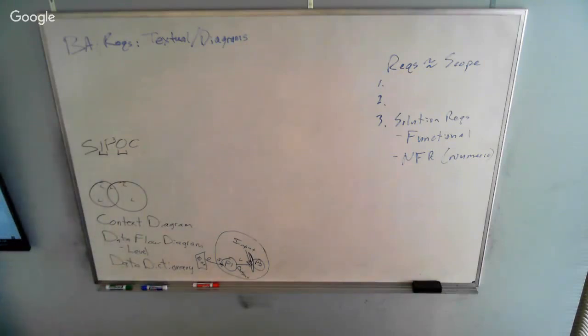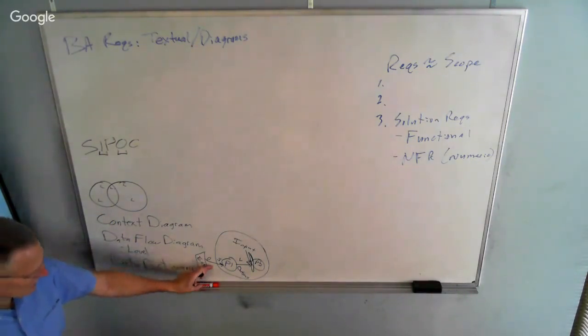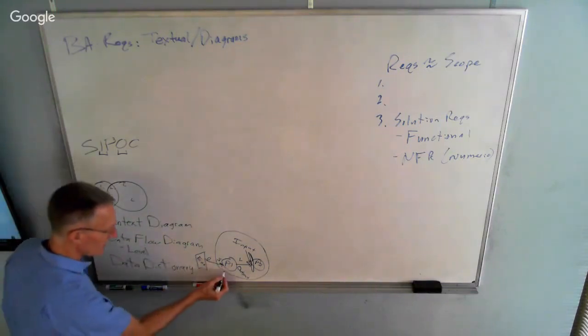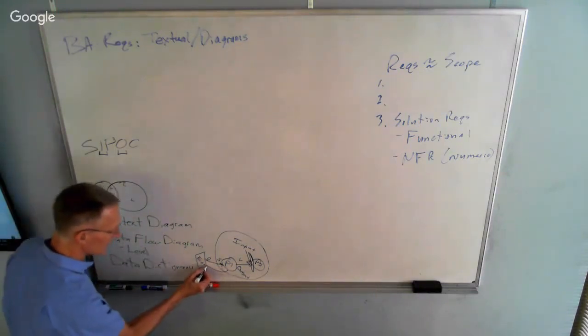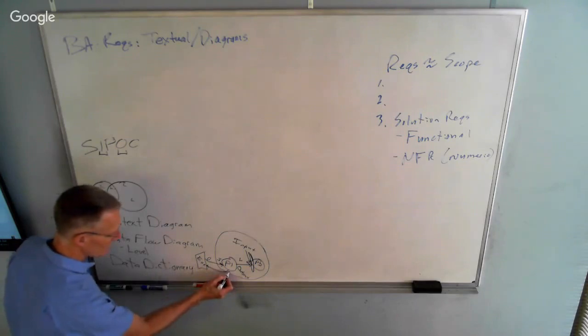Technically, it's perfectly fine to think of those rectangles in the data flow diagram as an actor. They're external to the system. They generate some output, it goes to that process, and this process can kick back an output from me to you.